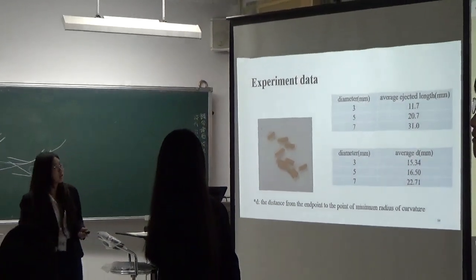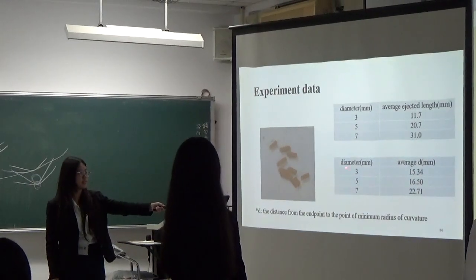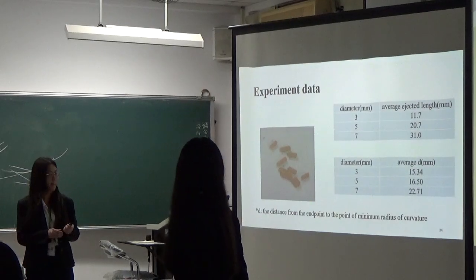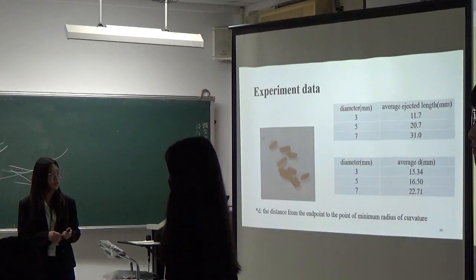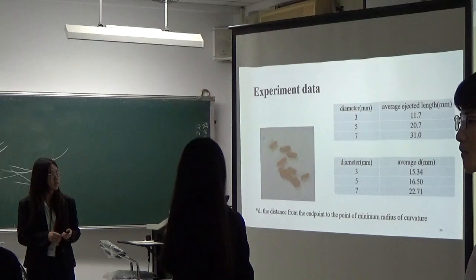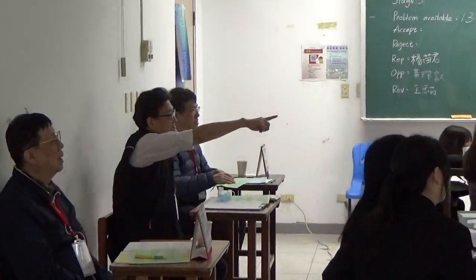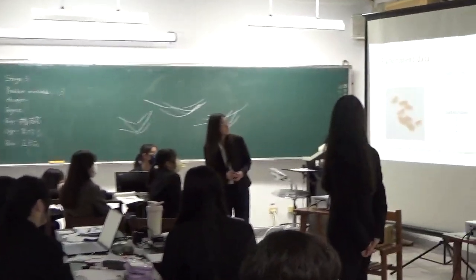Then the tube depth, there is the tube depth, and here is the spaghetti depth. So I think the title of the last column is wrong. It should be ejected length. I mean, the average diameter shouldn't be 15.34.